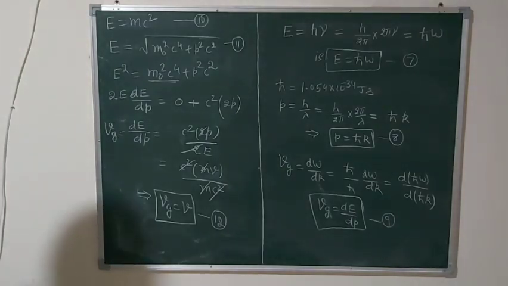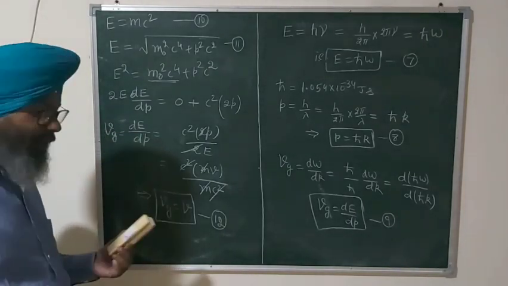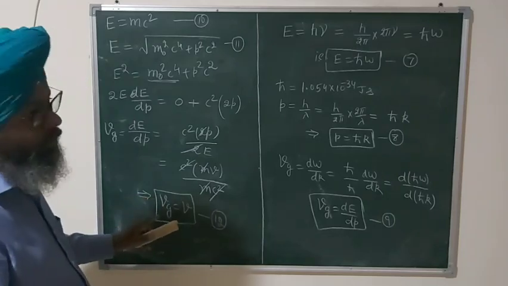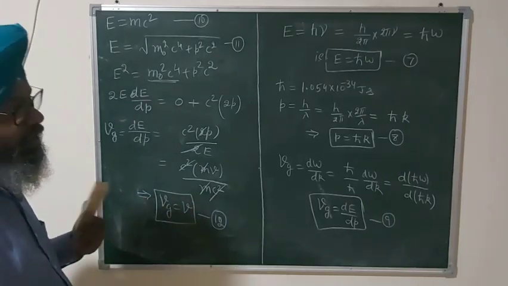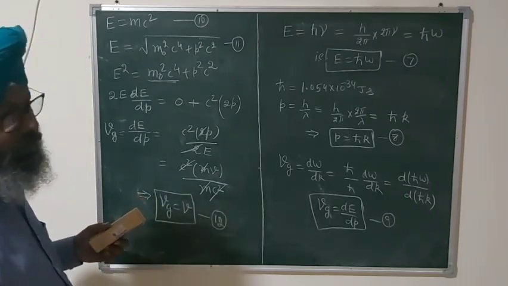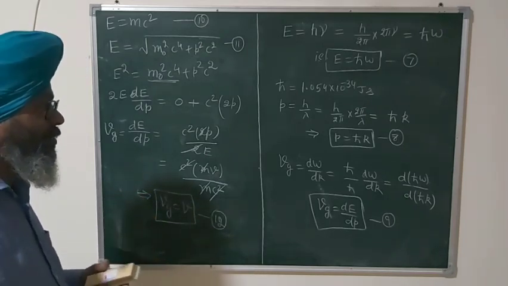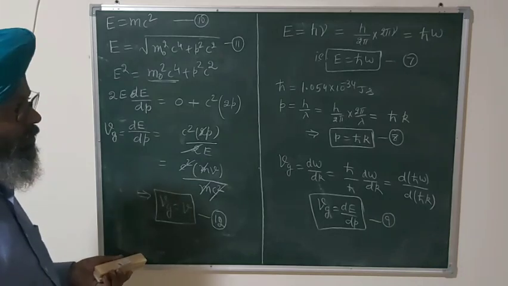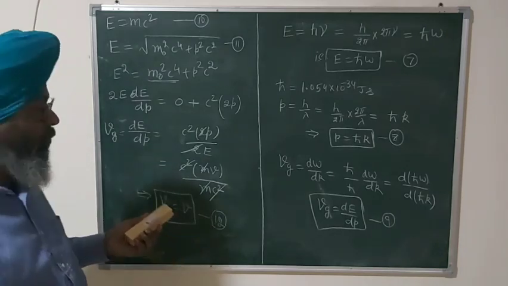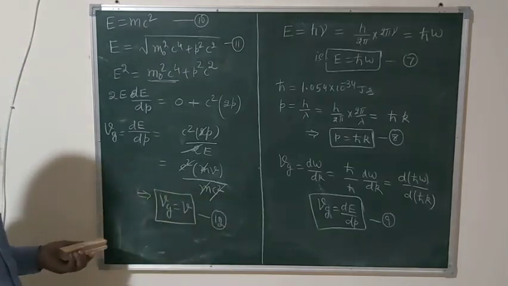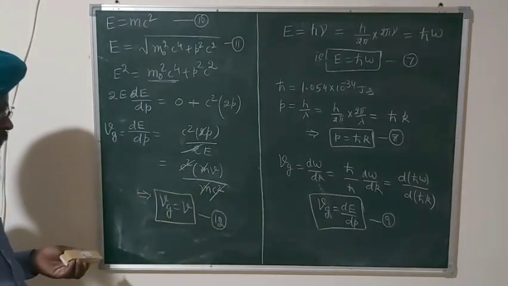So therefore, I have proved that actually group velocity is equal to particle velocity. This is something we expected when we discussed these things conceptually in lecture number 2 of the de Broglie hypothesis topic, and today we have proved it quantitatively by using mathematics and results of special theory of relativity.